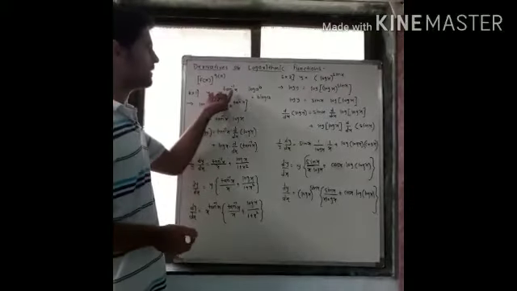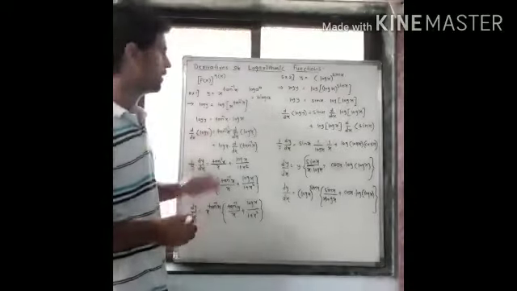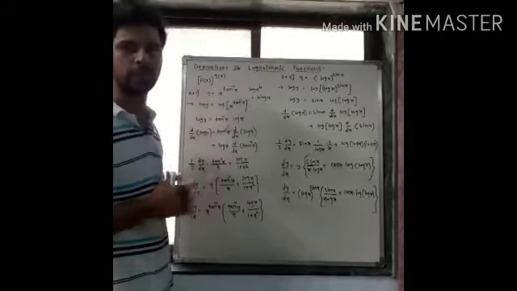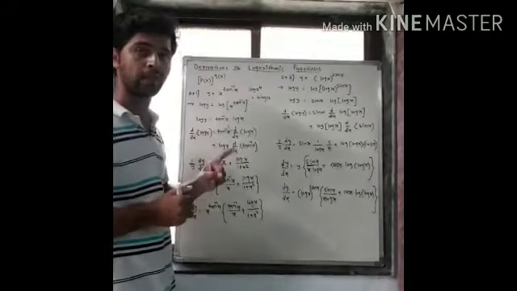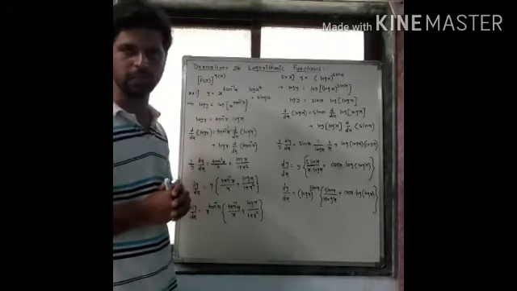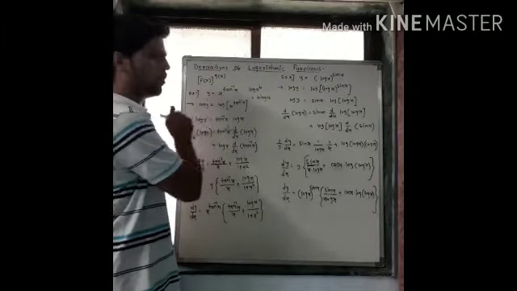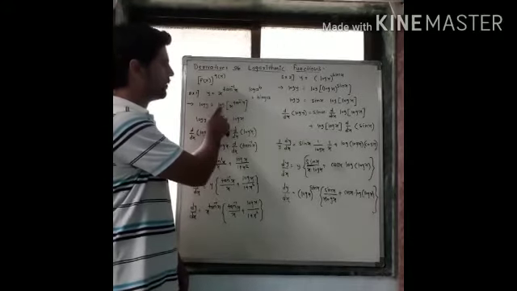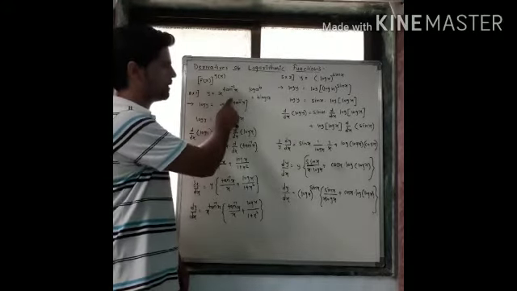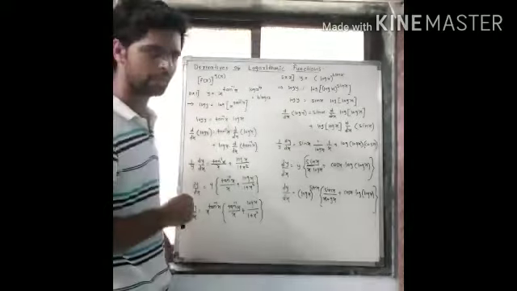But here in this function there is no log. So what we'll do, we'll apply log on both sides. Not on the right side only, we'll apply log on both sides. So log of y becomes log y. Then on the right side you will get log x to the power tan inverse x, right?